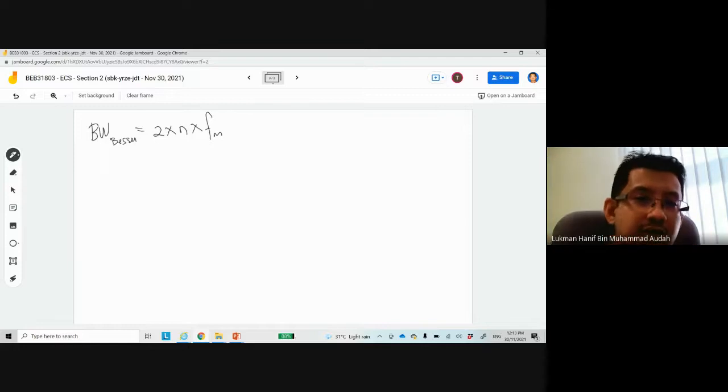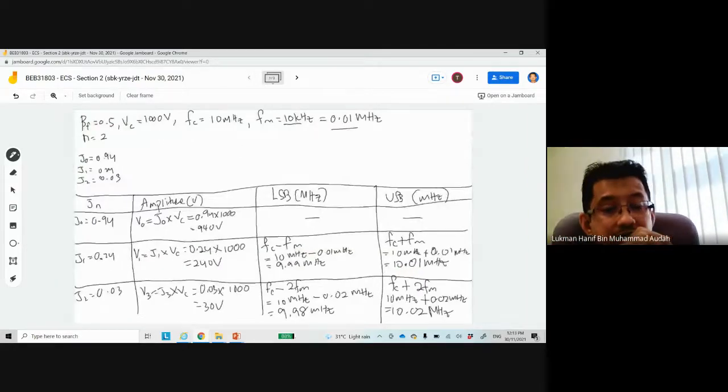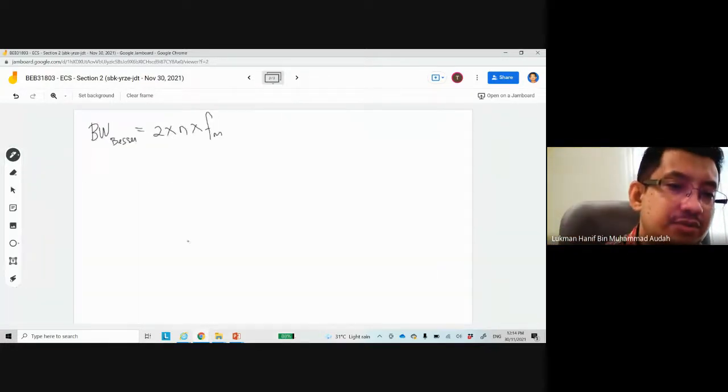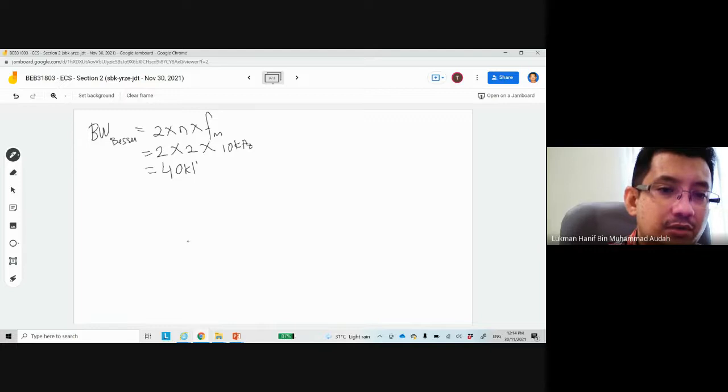Ini kita dah tahu daripada tadi. Kita dah tahu di sini n sama dengan 2. Fm adalah modulating frequency adalah 10 kHz. So we can straight away calculate. This is 2 times 2 times 10 kilohertz.